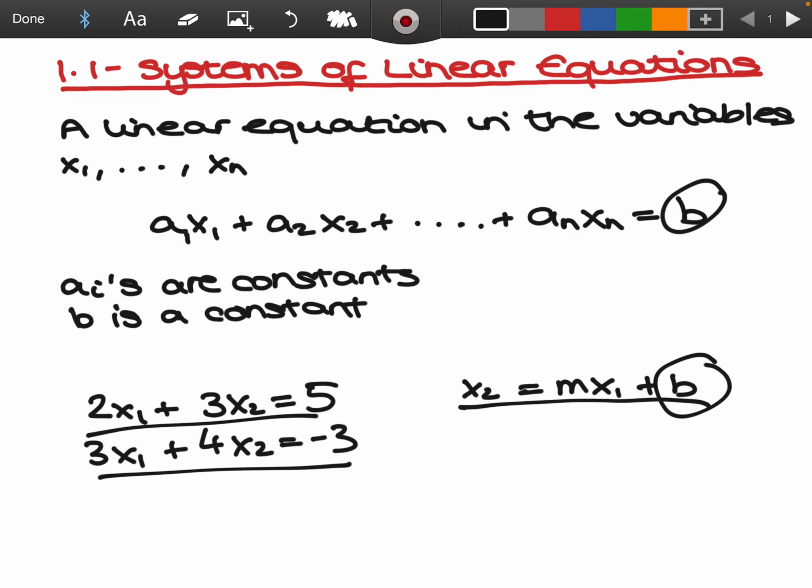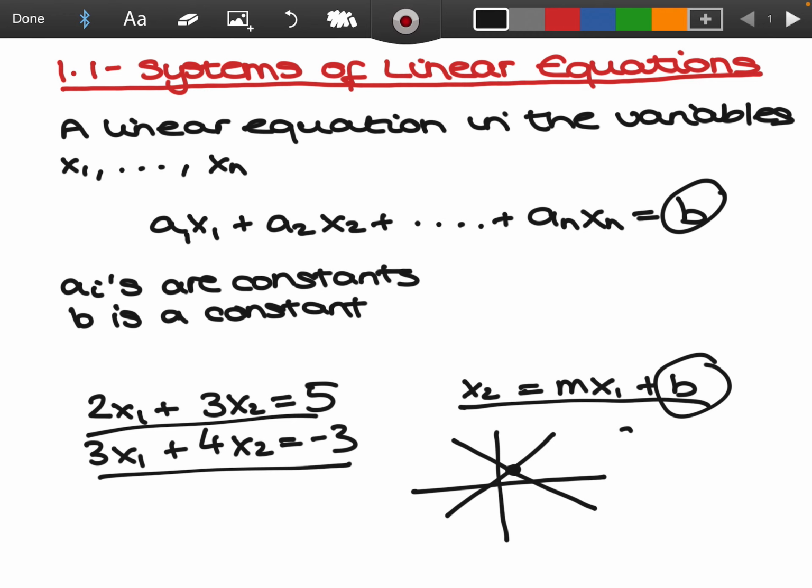Okay, if they do cross, so if you end up plotting these two on an xy plane and, let's say, I have no idea what they'll come out as, but let's say that they come out with something like this. Okay, if you get your system of equations only crosses at one point, this system is said to have a unique solution.